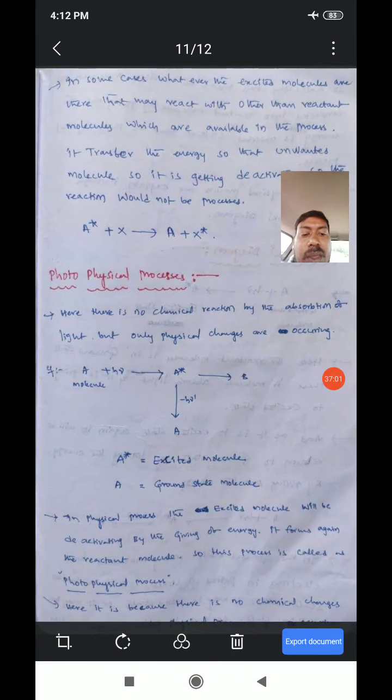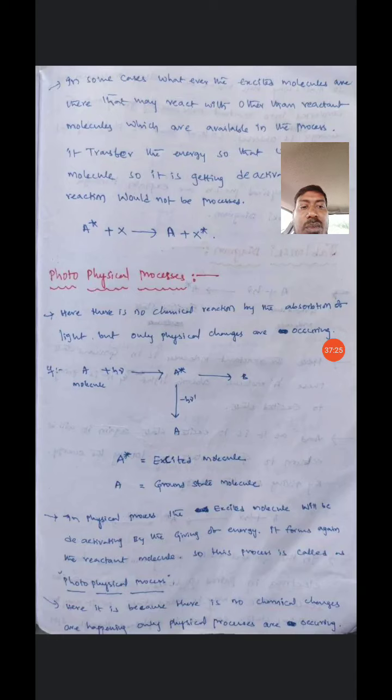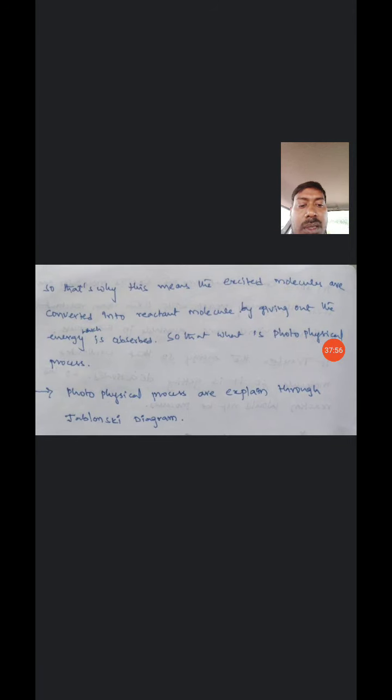In photochemical reactions, the reactant molecule absorbs light energy and forms an excited state molecule, which finally forms products. But in a photophysical process, the excited state molecule loses energy and forms the reactant molecule again. There are no chemical changes, only physical processes occurring.